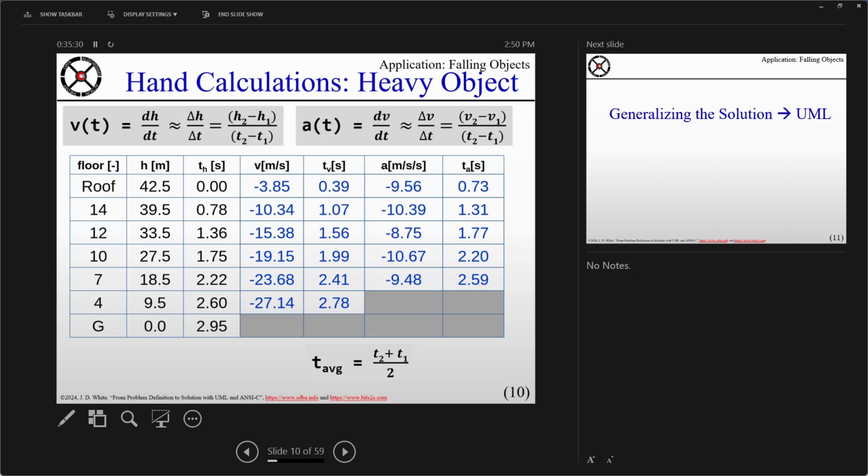TA equals T1 plus T2 in brackets, divided by 2. Maybe I'm going to need it on 2 lines. Okay, T average. So that's one thing I want to calculate.